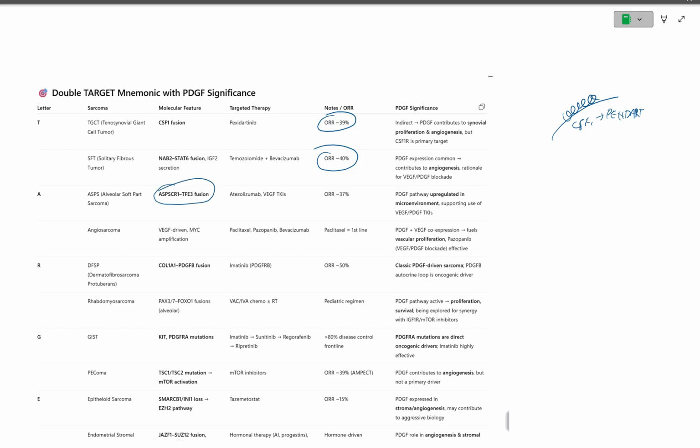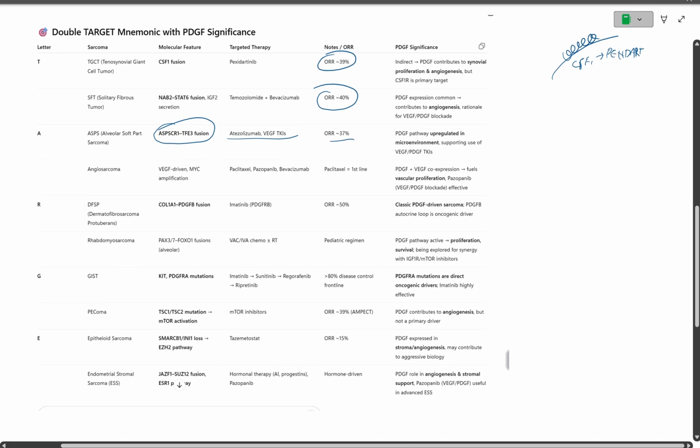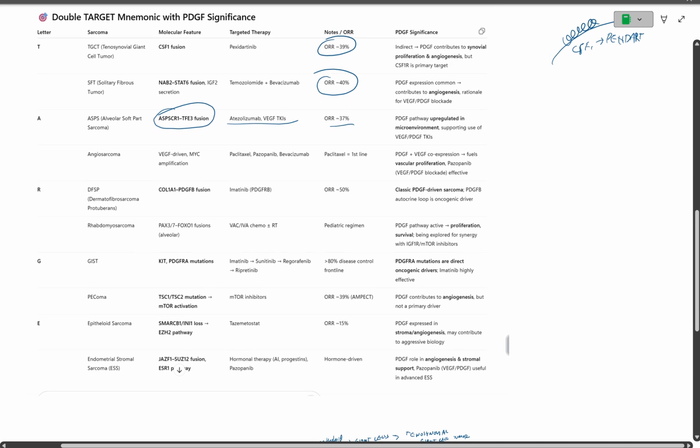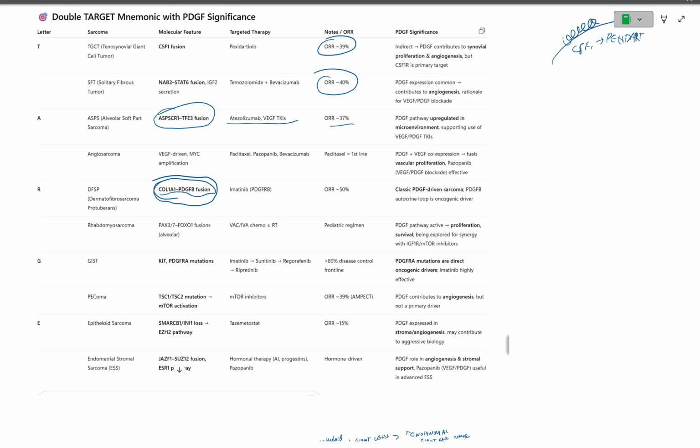Alveolar soft part tumor with TFE3 transfer, antisol, and VEGF-TKI give a good response. Angiosarcoma, in dermatofibrosarcoma protuberans, you have COL1A1 and platelet-derived growth factor. RMS FOXO fusion, GIST, TSA, SMARC.